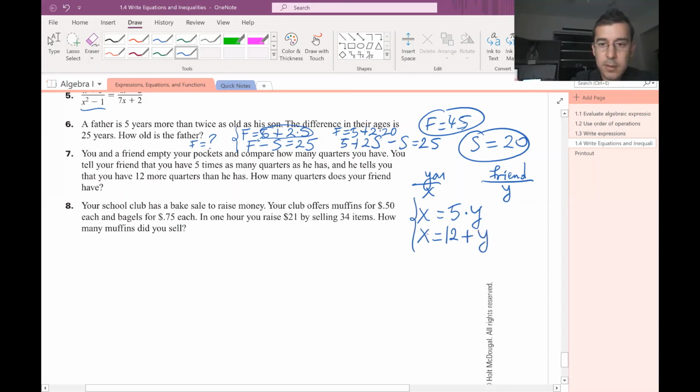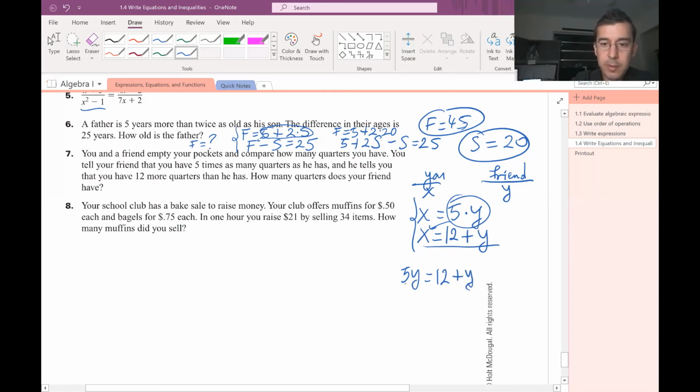Again, it's a system of equations with two unknowns. We substitute 5y for x in the second one, and we end up with 5y equals 12 plus y.